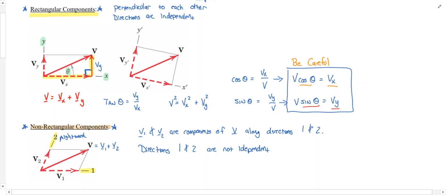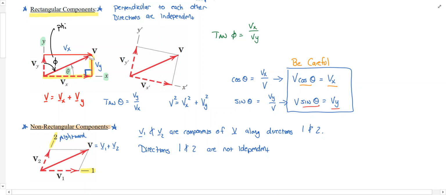But what if we had a different angle measured off the y-axis? Let's say some angle phi. So that is the Greek letter phi. And for this, if we were to look at our triangle here, well, now we have Vx on the top. And if we were to take phi, then the tangent of phi, let me write in green, would now be opposite Vx divided by adjacent Vy.